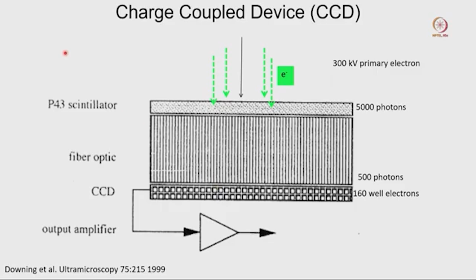Some simulation data showed that 300 kV electrons cross this barrier very fast, but 100 kV or 200 kV electrons travel in a different direction. Sometimes they go back and hit the scintillator again.